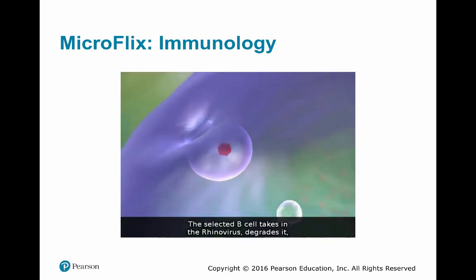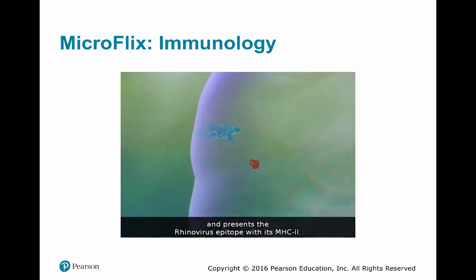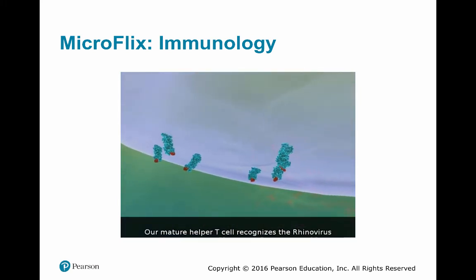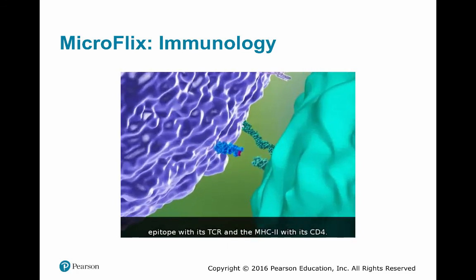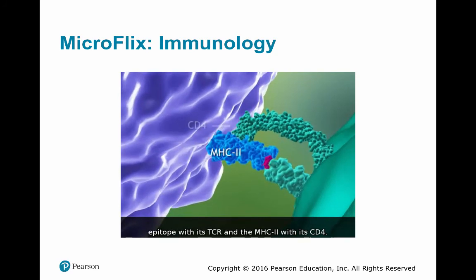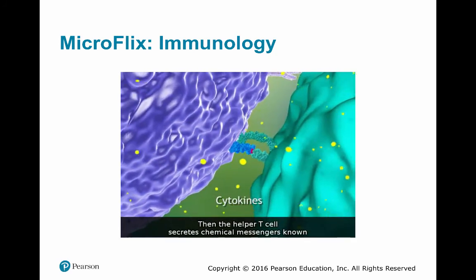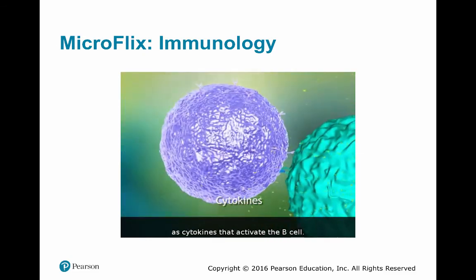The selected B cell takes in the rhinovirus, degrades it, and presents the rhinovirus epitope with its MHC2. Our mature helper T cell recognizes the rhinovirus epitope with its TCR and the MHC2 with its CD4. Then the helper T cell secretes chemical messengers known as cytokines that activate the B cell.